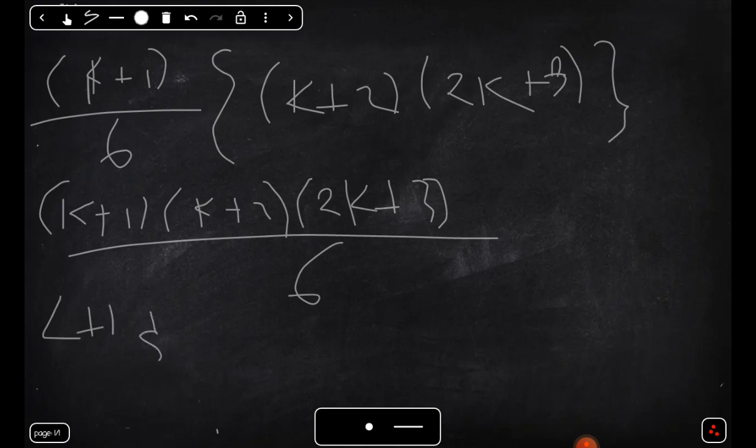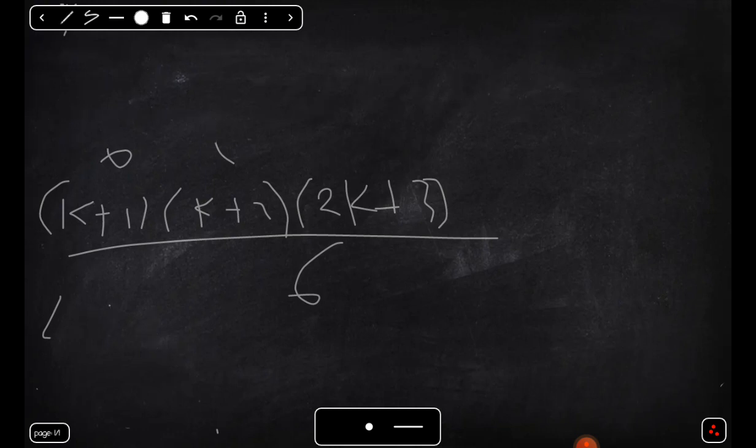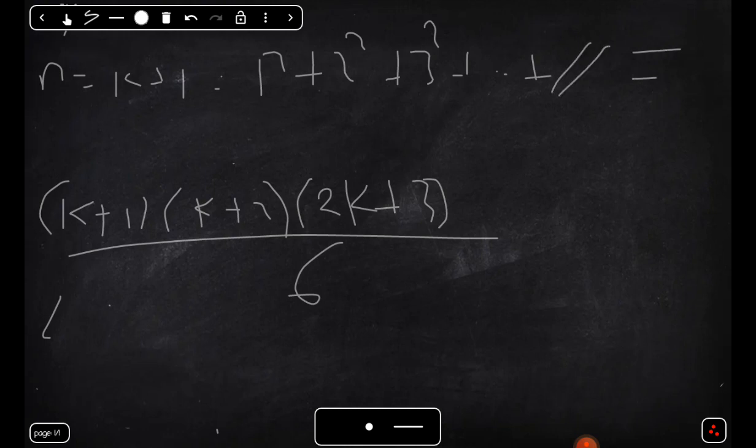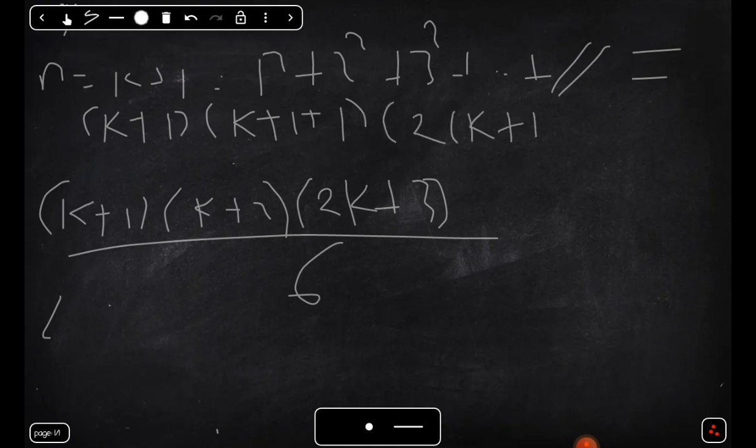Now remember something quickly. Please keep this aside so that we can recall something. Let's go back a little bit. When we said let n be equal to k plus 1, what we had was 1 squared plus 2 squared plus 3 squared plus dot dot dot. What is at this side is equal to k plus 1 into k plus 1 plus 1, then into 2 into k plus 1 plus 1, all over 6.